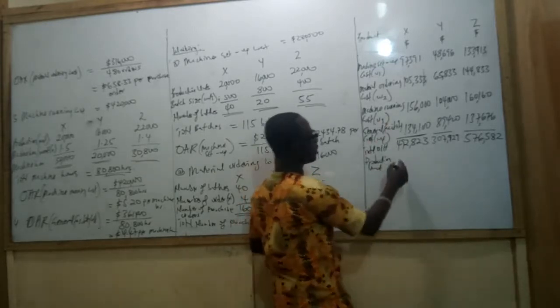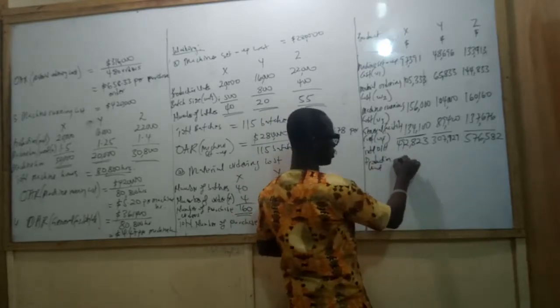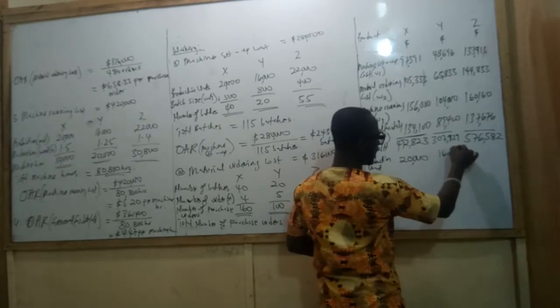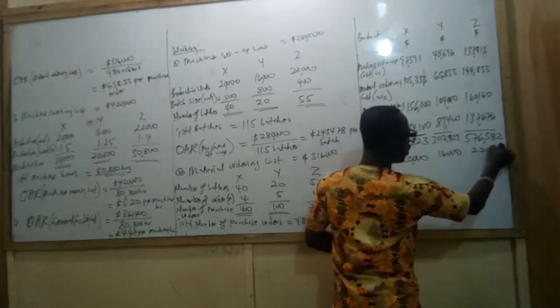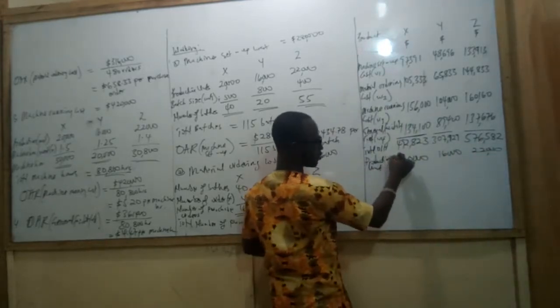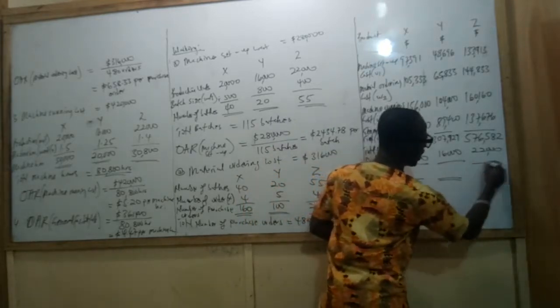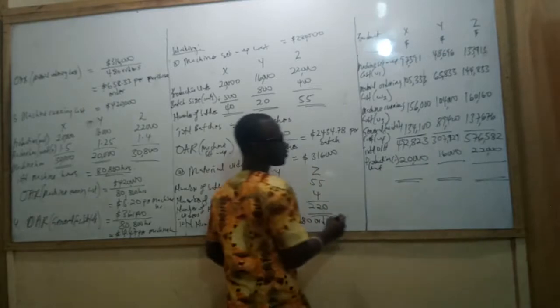What's the production unit for X? 20,000. Y? And then Z? So we now divide, and that gives us the overheads per unit.